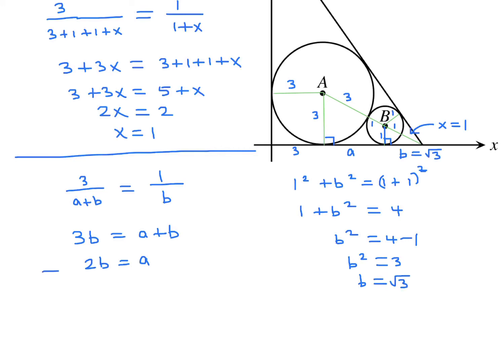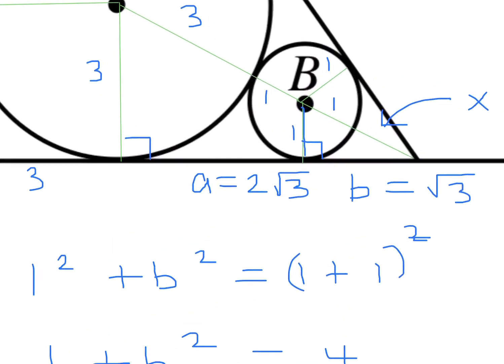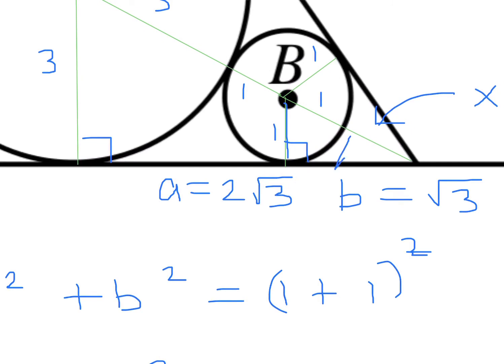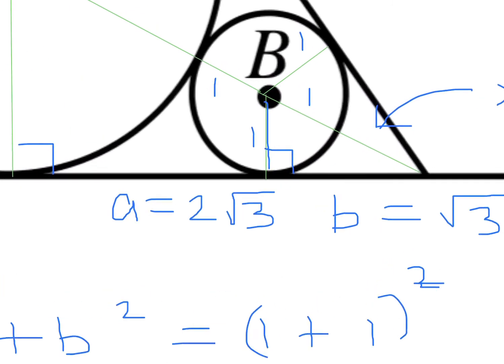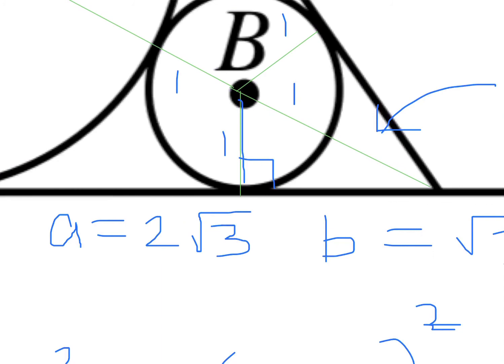And then coming back to this equation, 2b is equal to a. b we just figured out was root 3. So therefore a is equal to 2 root 3. All right? So far so good. Now what I want to do is blow this up as big as I can and explain something to you. So far what did we have?